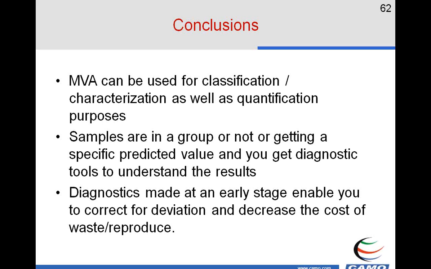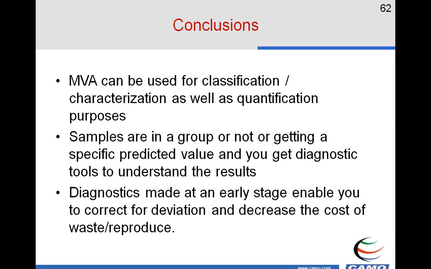So to conclude on that part, MVA can be used for classification and characterization, as well as quantification purposes. So in this way you can get a value that can tell you if you are on the right track in your process at any time. Usually you will get a specific predicted value or a group, and you always have a diagnostics tool to understand your results.